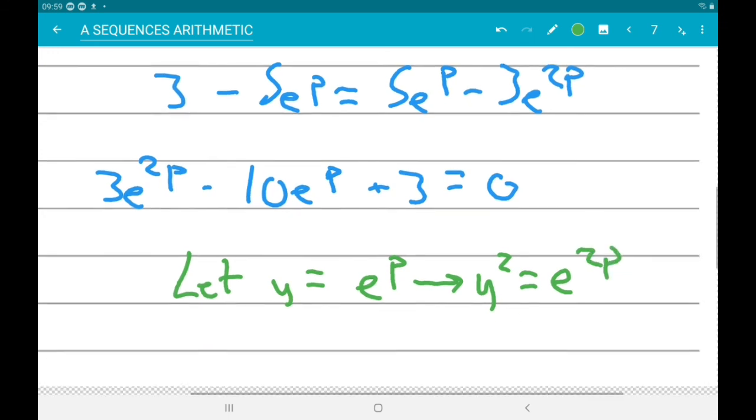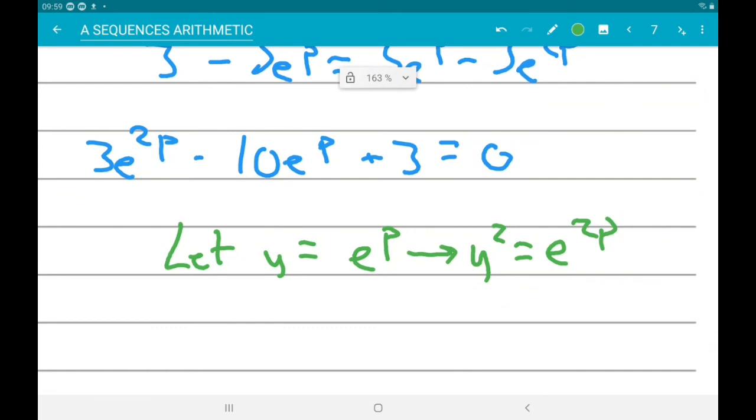So we then have 3y squared minus 10y add 3 is 0.